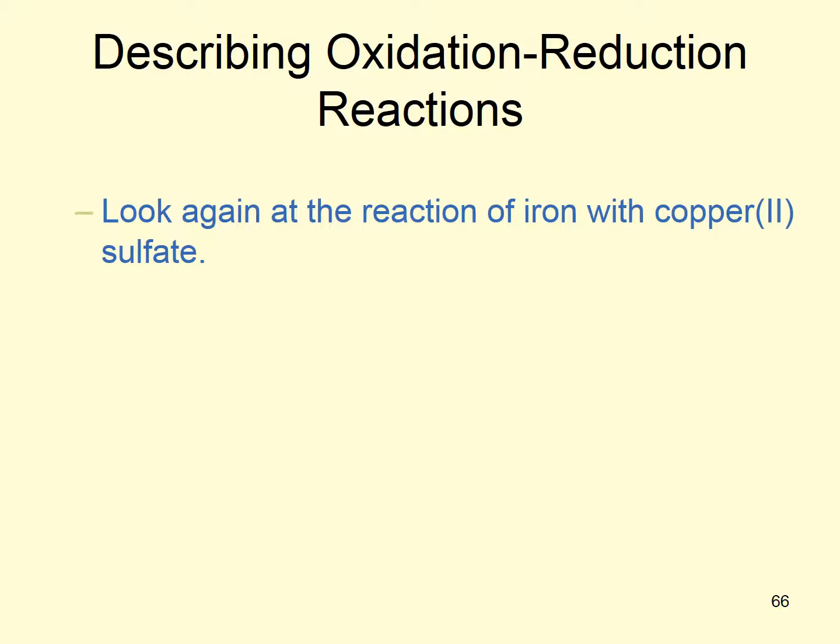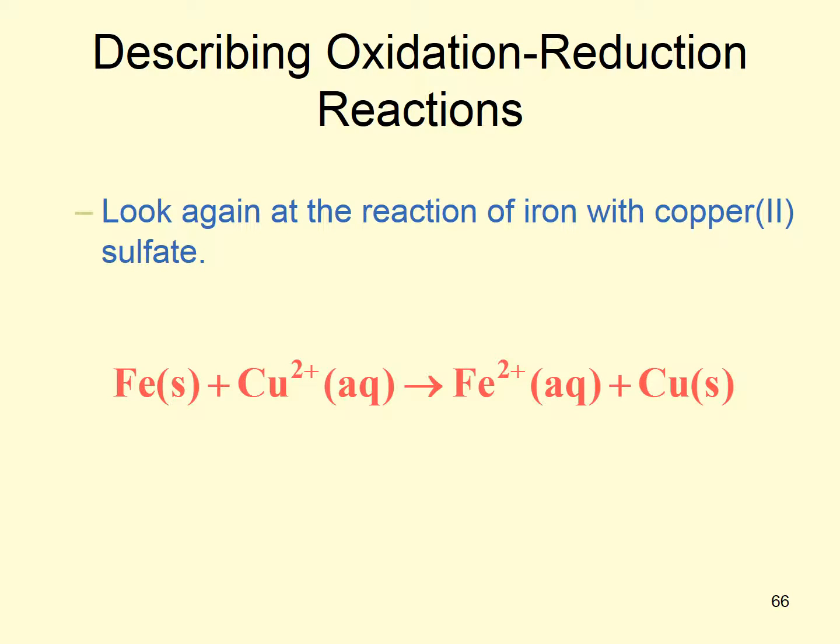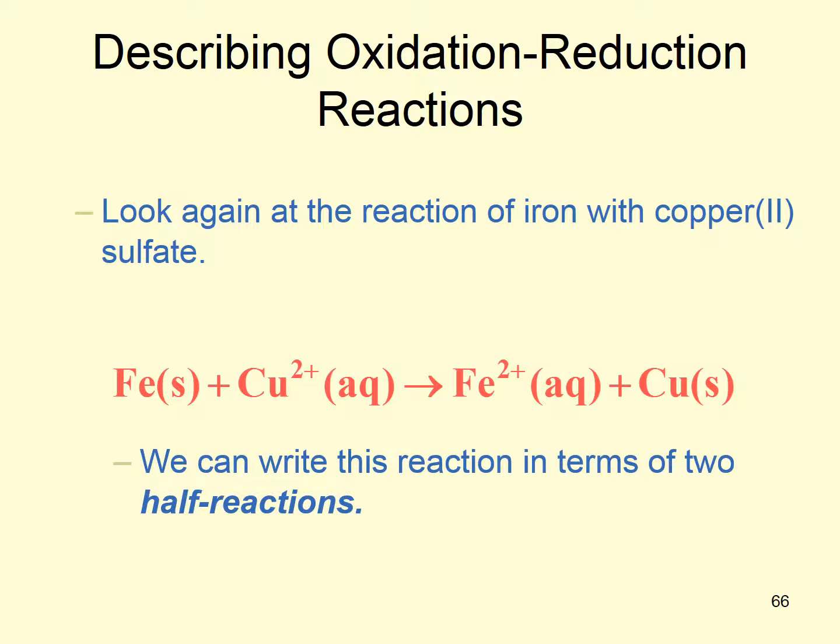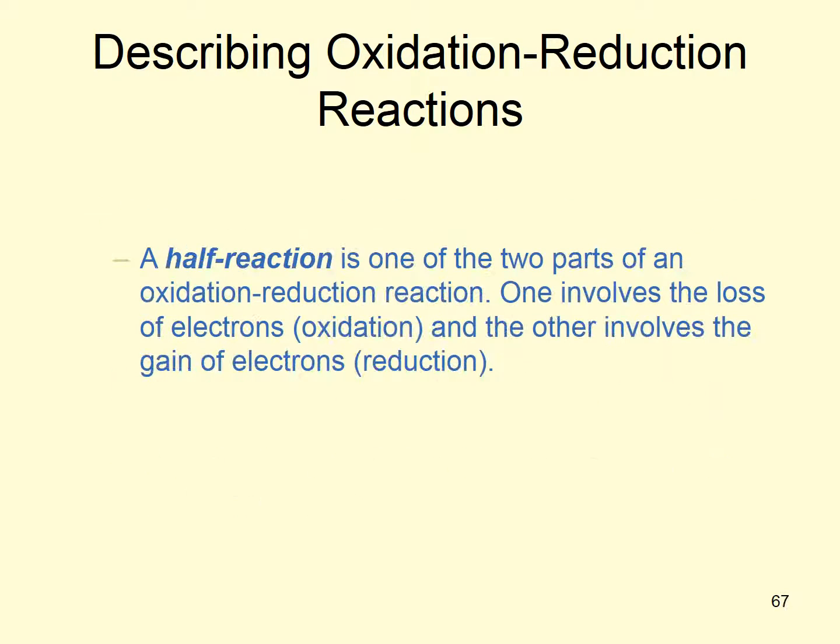All right, so let's look again at the reaction of iron with copper sulfate. What I want you to notice, again, iron has been oxidized, it lost 2 electrons, and copper has been reduced, it gained 2 electrons. This one is actually balanced, although you might not know it. We can pull this apart into what we call half reactions. Half reaction is just the part of the oxidation, just one half of it.